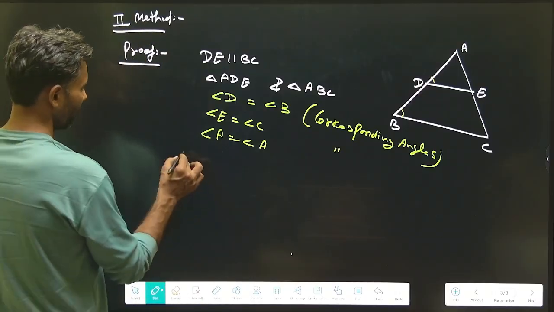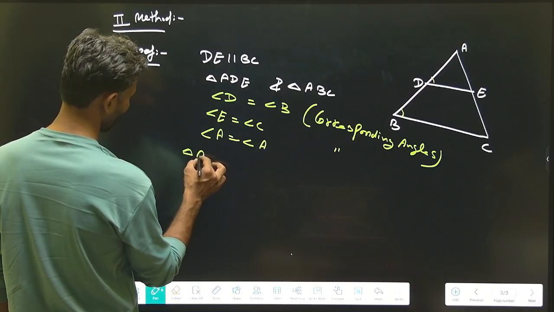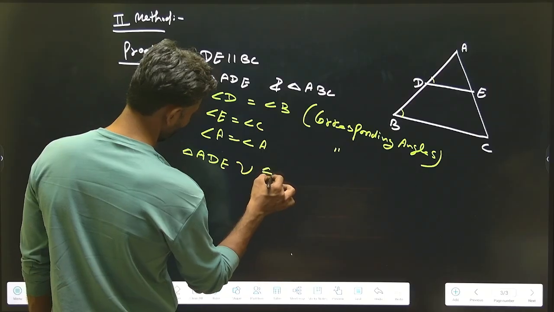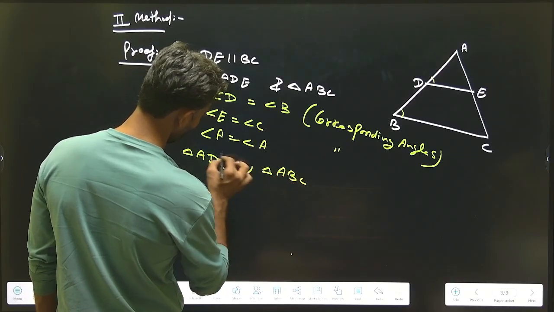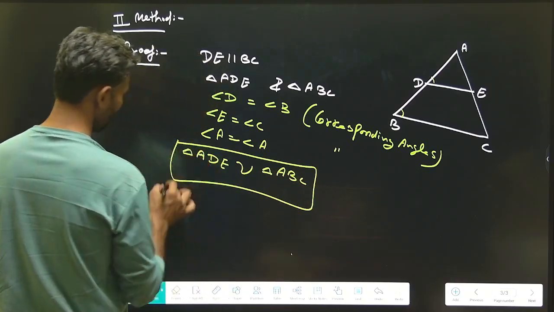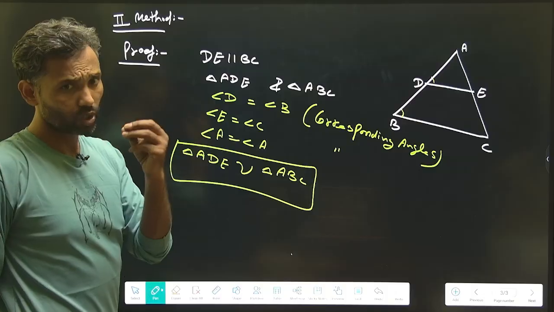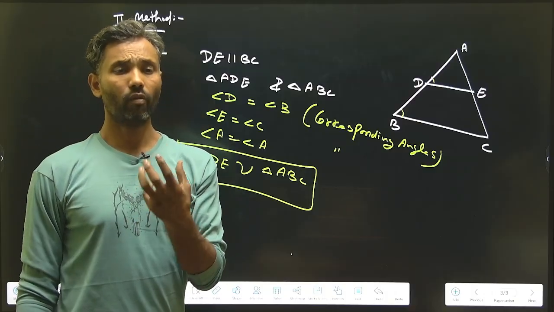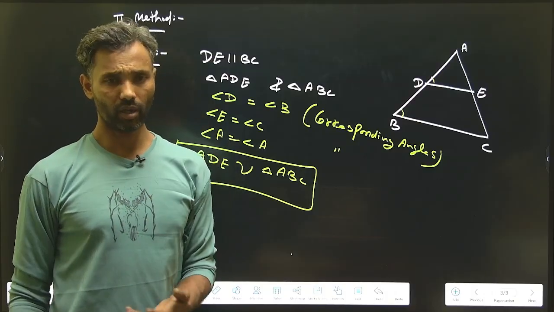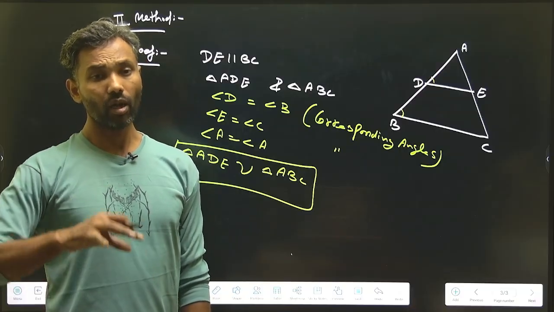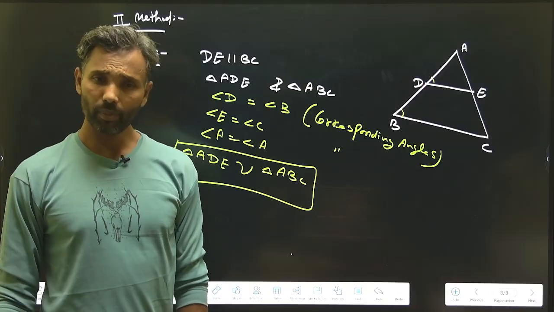So triangle ADE is similar to triangle ABC. This is the result we got. And what are the outcomes of the similarity? If two triangles are similar, the ratio of the corresponding sides will be equal.